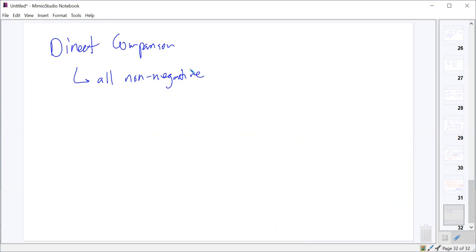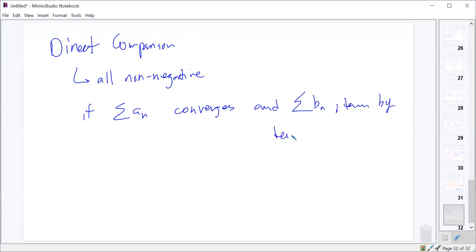If a sub n converges and b sub n term by term is less than a sub n, it also converges, right?